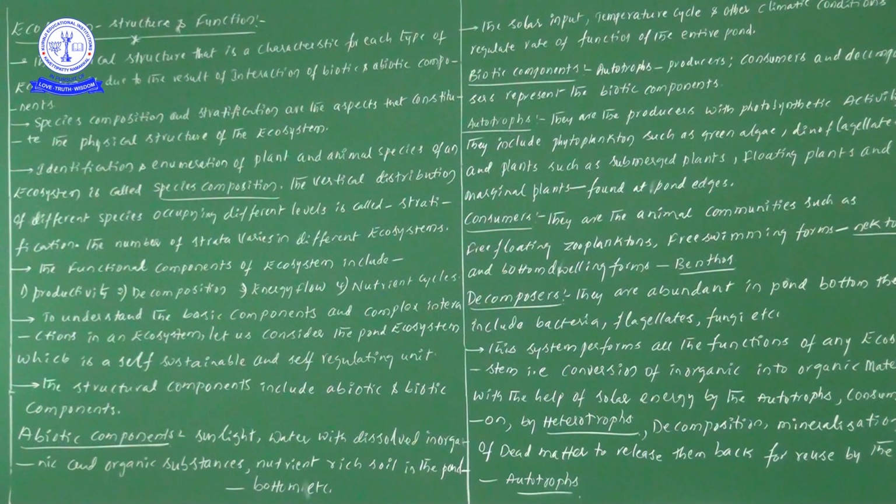Before I start to learn these four functional components, I will give some extra information, so let us learn that first. To understand these four basic components and the complex interactions in an ecosystem, let us consider the pond ecosystem, which is a self-sustainable and self-regulating unit.